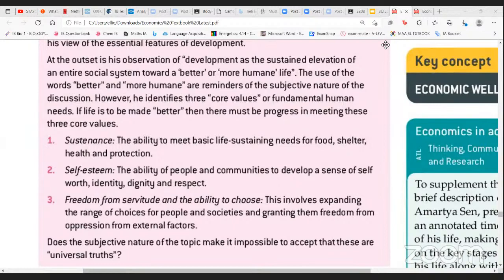Maksudnya everyone does need food, shelter, health and protection. Everyone needs worth, identity, dignity and respect, and everyone needs freedom from oppression from external factors.